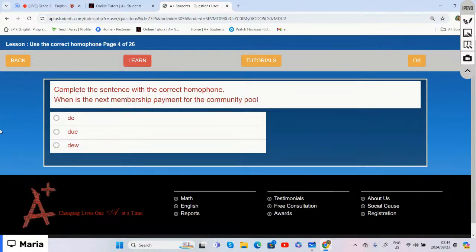And if we were to choose the correct option, that is to do with a time frame, where one needs to give payment, and then we can say it is due.